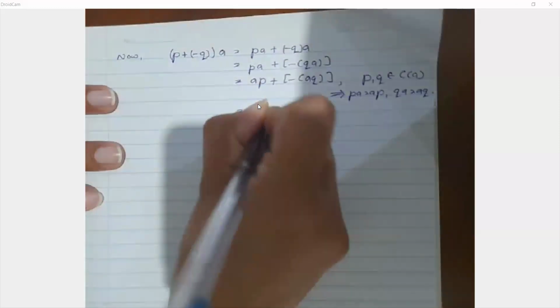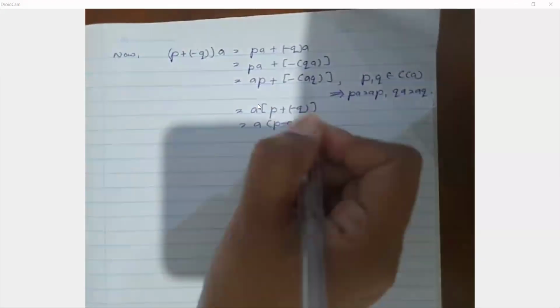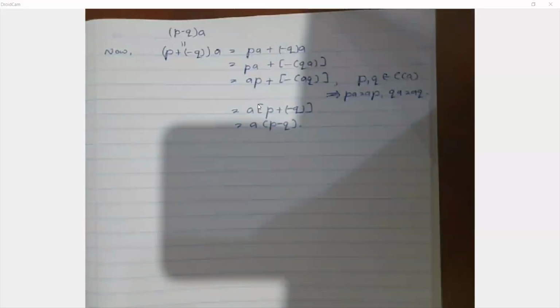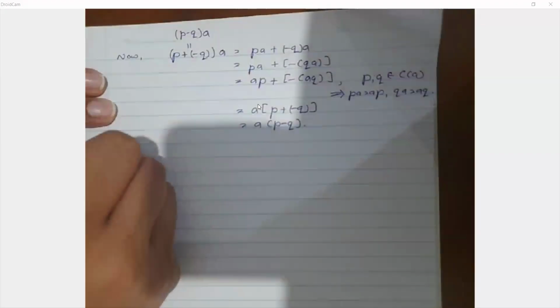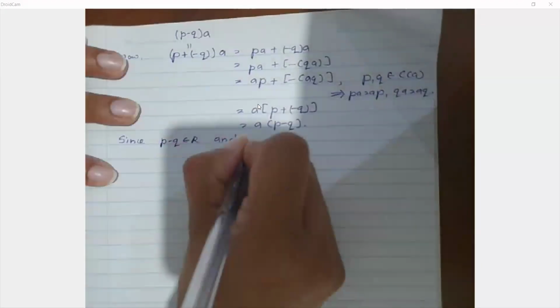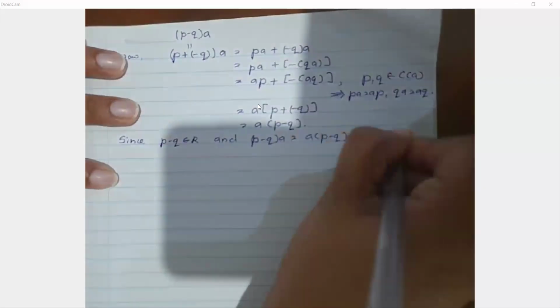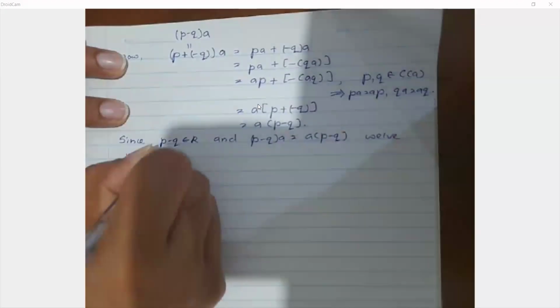Now, once again, using the distributive property, we simply take out A. We have A times P plus minus Q, that is A times P minus Q. So we have P minus Q times A equal to A times P minus Q. So the element P minus Q, which is an element in R, commutes with A. By definition of C of A, we must have P minus Q belong in C of A.